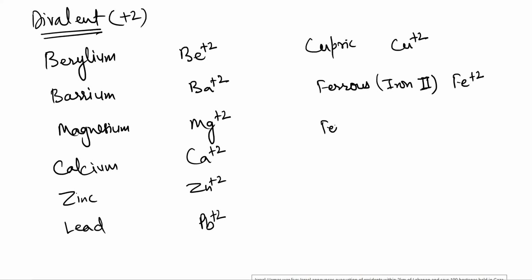And sometimes it is written ferric, and it is Fe3 positive. So iron 3 will be written sometimes like this. And this will be Fe3 positive. Got it?